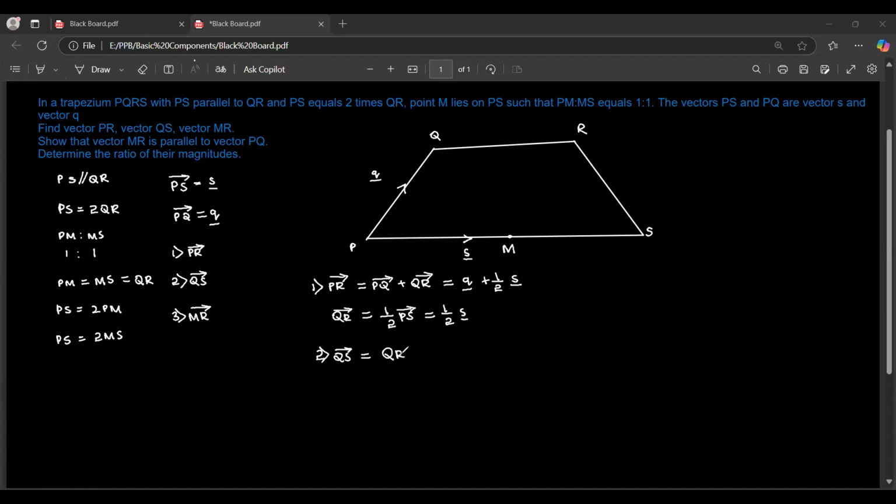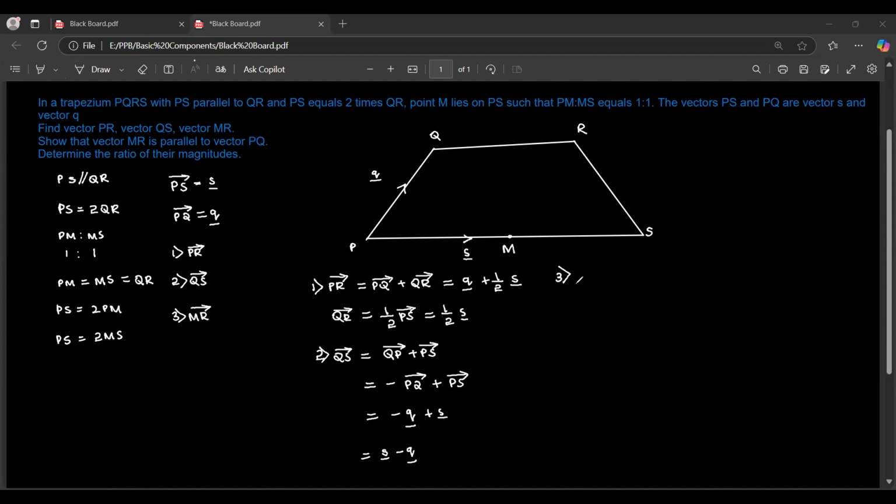Oh no, it's easy to go from QP to PS here. QP plus PS. And we know QP is equal to minus PQ. So QP is equal to minus PQ plus PS, and that brings us to minus Q plus S. So we have S minus Q.